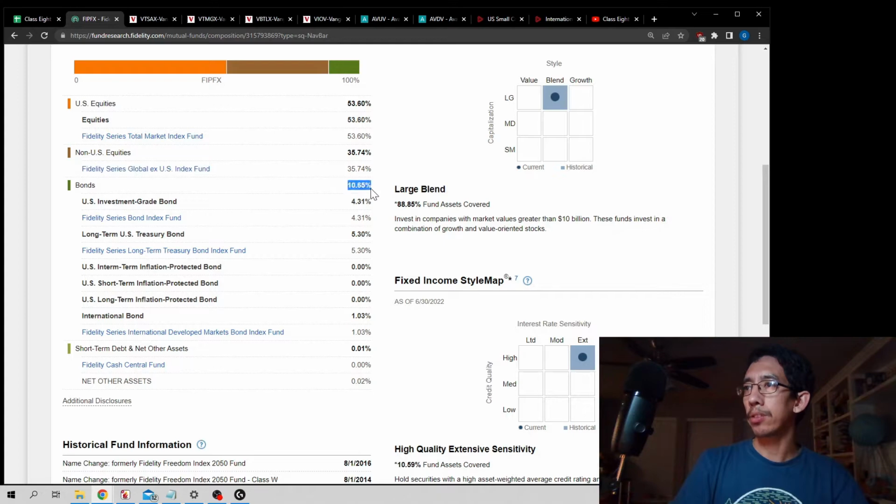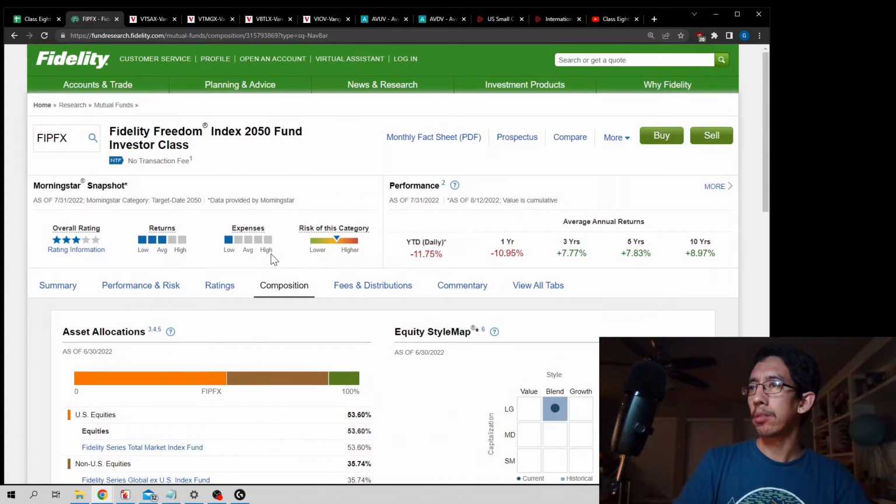You have about 10.65% in bonds. And this fund gets a little complex with the bonds. It has three different bond funds in here, and that's okay. I think this is actually a pretty good mix of bonds. Not a perfect target date fund, but you know what? No target date fund is.